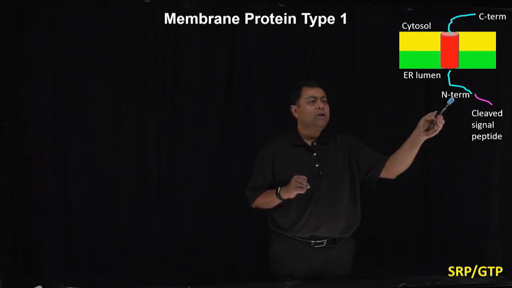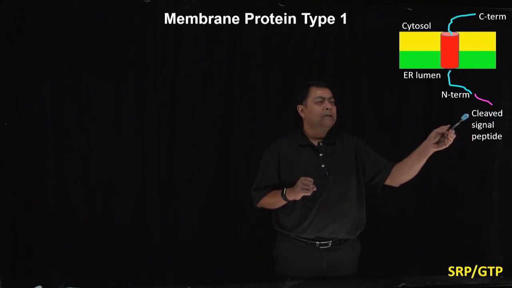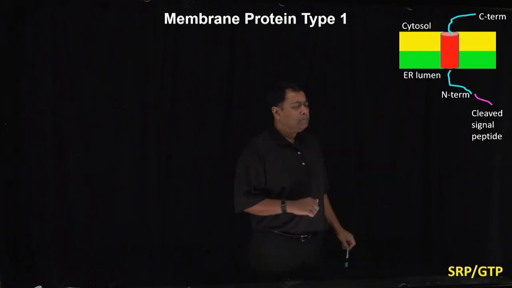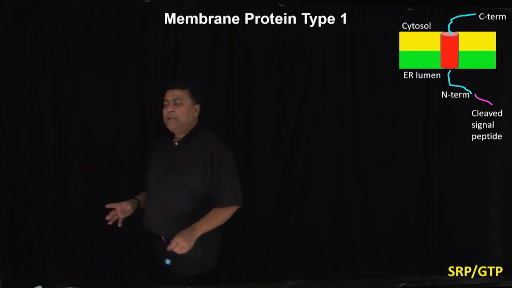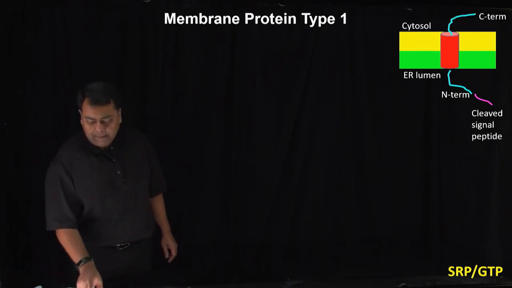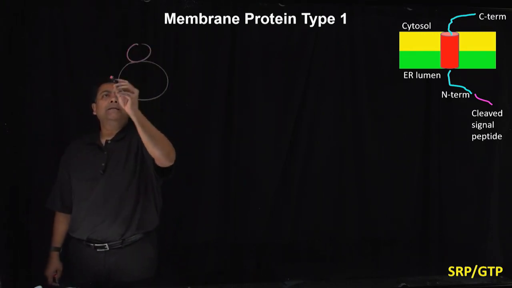The N-terminal is in the ER lumen, and there is a cleaved signal peptide shown, and the C-terminal is in the cytosol. So how is this protein synthesized? The first thing that happens in this process: the ribosome right here is in the cytosol.